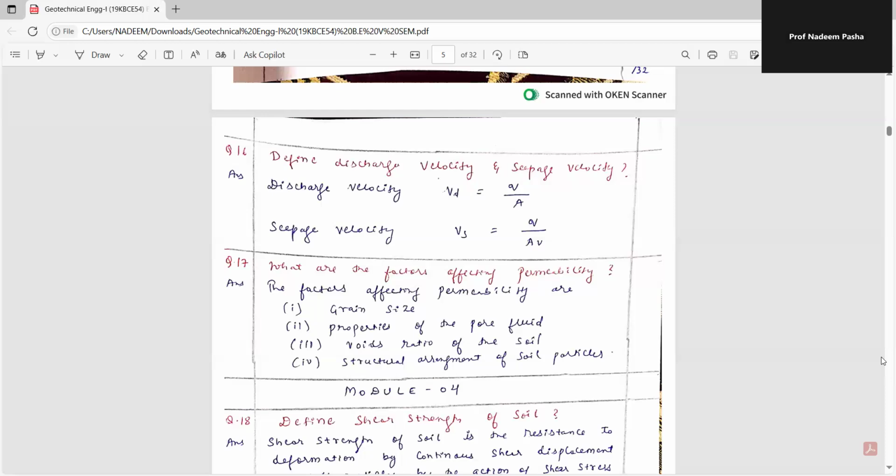Next, voids ratio of the soil and structural arrangement of soil particles. On these factors, it depends.